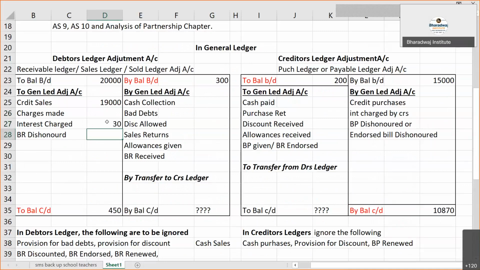Then bills dishonored 400. Then endorsed bill dishonored also.